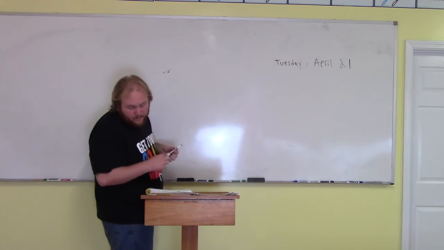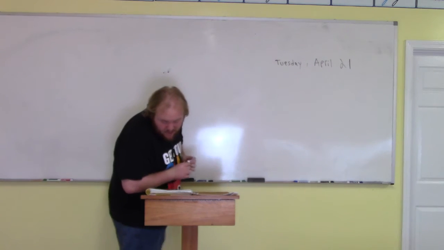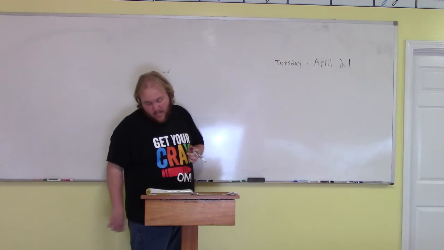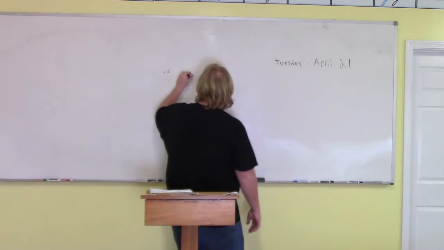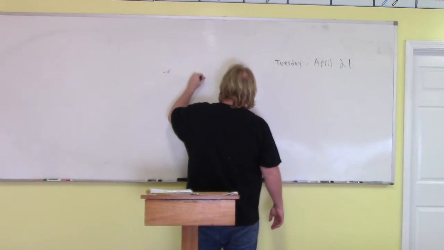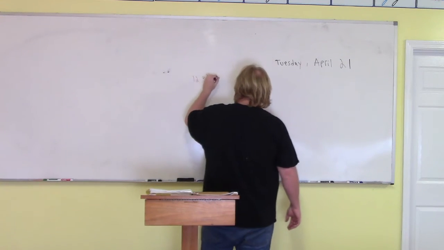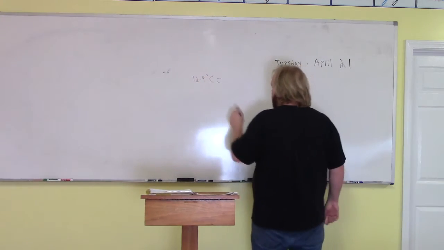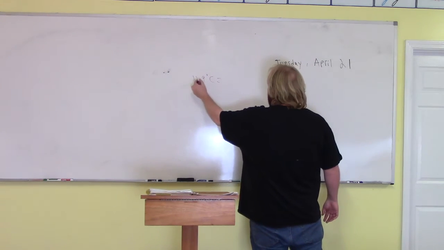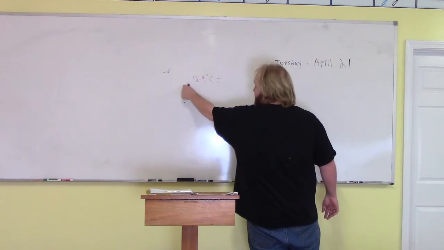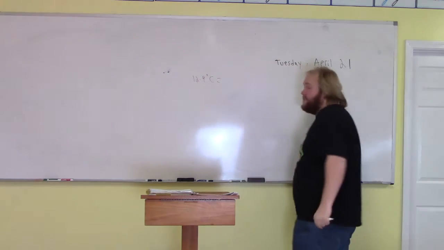So let's do B. So we've got 12.9 degrees Celsius. Let's round it to the nearest whole degree. Remember, look at your number here. We're rounding to the whole number. Whole numbers are to the left of the decimal point.